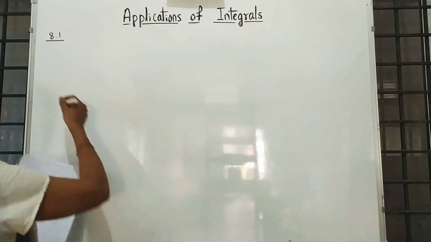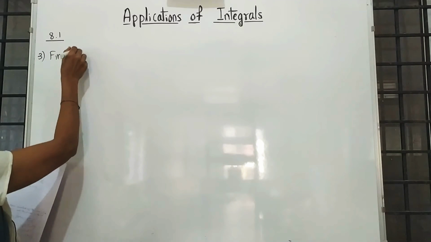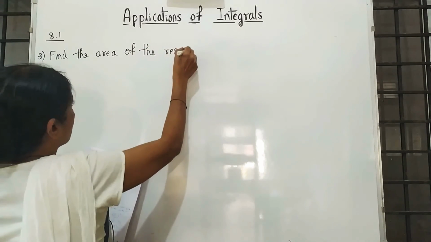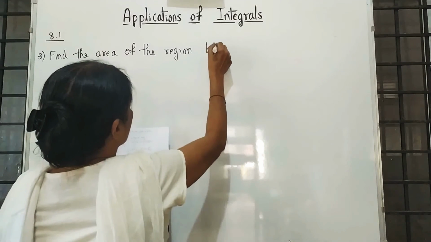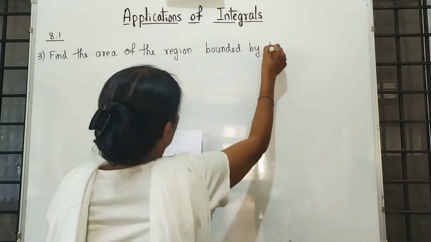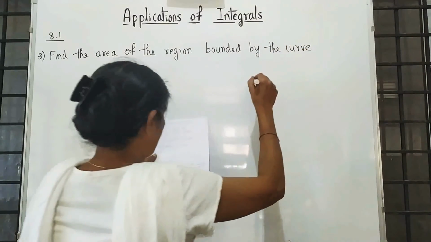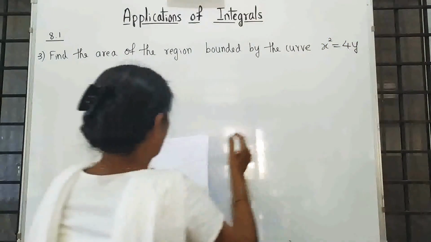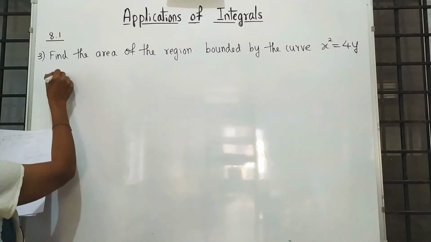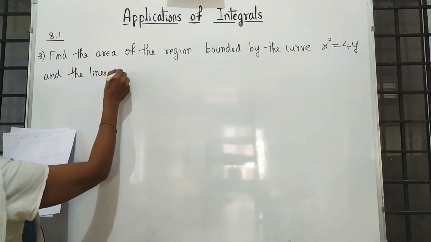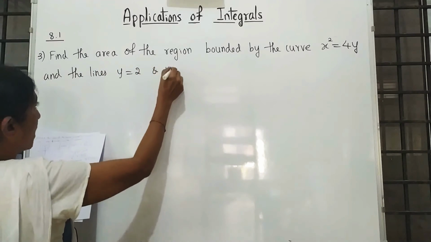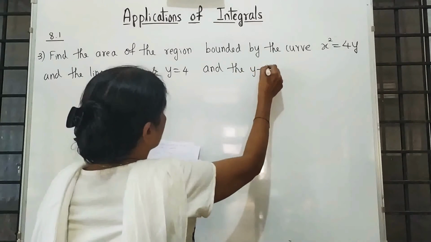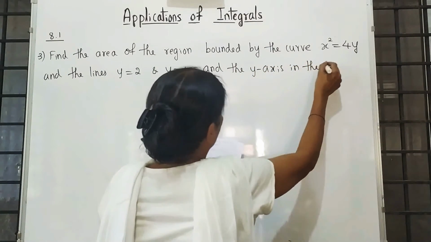Find the area of the region bounded by the curve x square is equal to 4y and the lines y is equal to 2 and y is equal to 4 and the y-axis in the first quadrant.